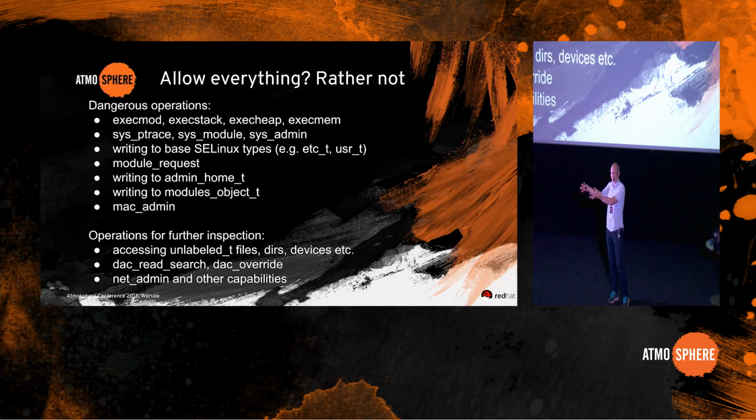So you should ask, yes, I see that my program is trying to access something that is labeled unlabeled_t. So is there a labeling problem, or is the program trying to work with files?